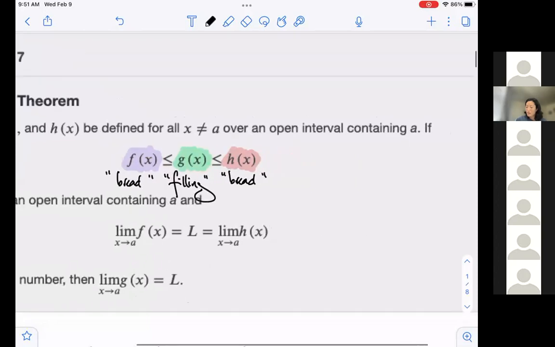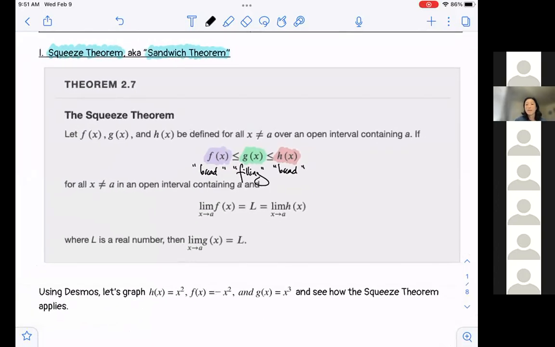What allowed us to say, I maybe don't know what the rest of this is saying, but I feel pretty confident that f of x and h of x is the bread and g of x is the filling? Is it the less than or greater than signs that differentiate the bread from the filling?